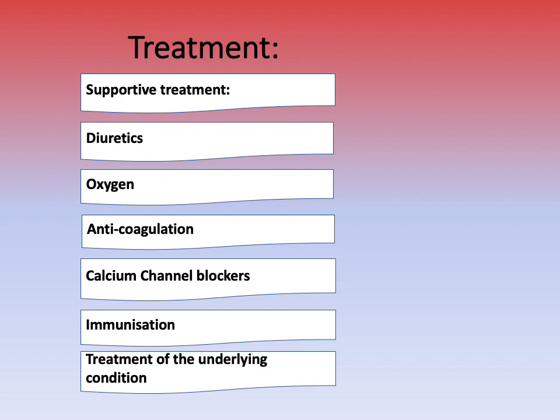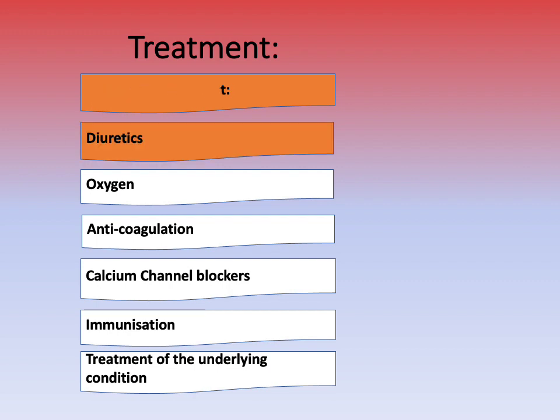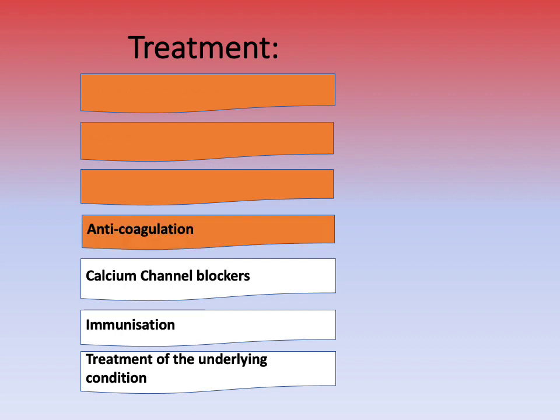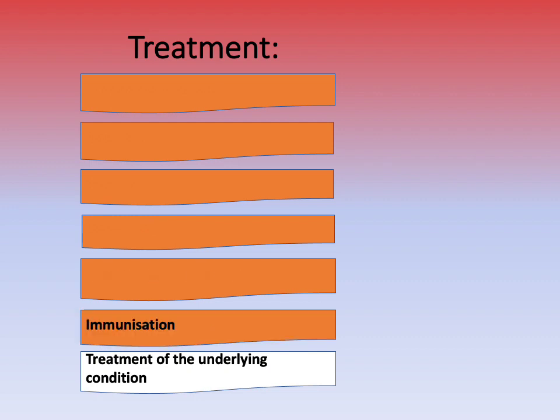Treatment could be in the form of supportive treatment or targeted therapies. Supportive treatment includes diuretic for right ventricular overload and peripheral edema, oxygen, anticoagulation, role of which is controversial, calcium channel blocker in patients with vasoreactivity on right heart catheterization, immunization, and treatment of the underlying condition.